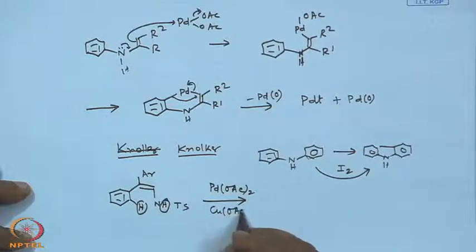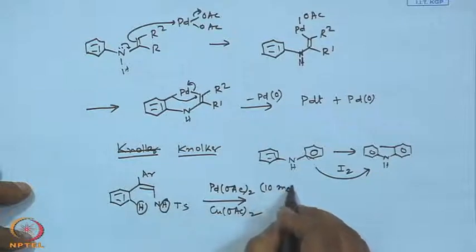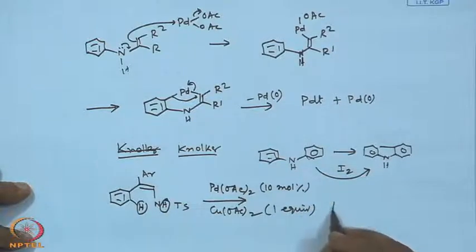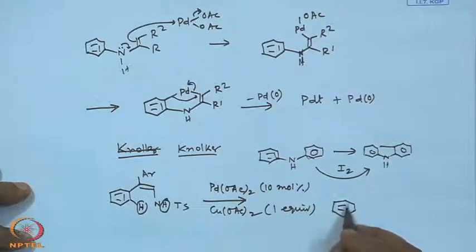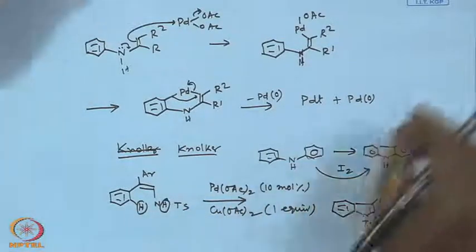Once again the combination is palladium acetate, 10 mole percent, which means catalytic, and cupric acetate, 1 equivalent, and of course one can write the corresponding indole derivative. So, this example tells you it is a pretty useful reaction.